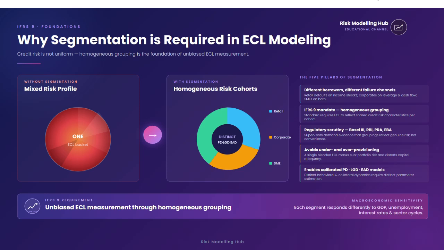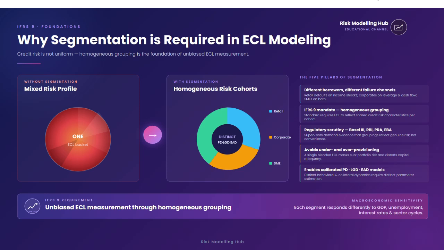But why does this matter? Have you ever thought about it? Let's understand this through the five pillars of segmentation. First, different borrower types have different failure channels. Second, IFRS 9 requires this homogeneous grouping by regulation. Third, the regulatory scrutiny through Basel, PRA, and EBA frameworks demands this rigor. Fourth, proper segmentation prevents underestimating some risk while overestimating others, which protects your capital.